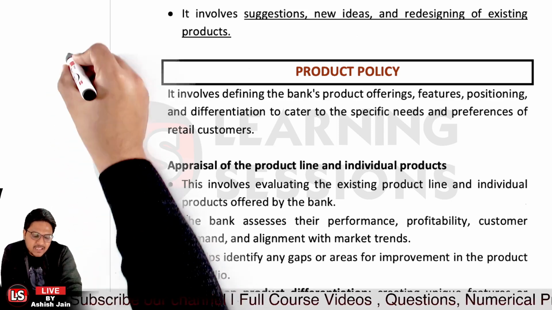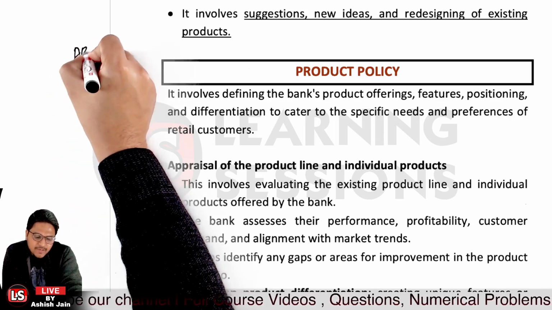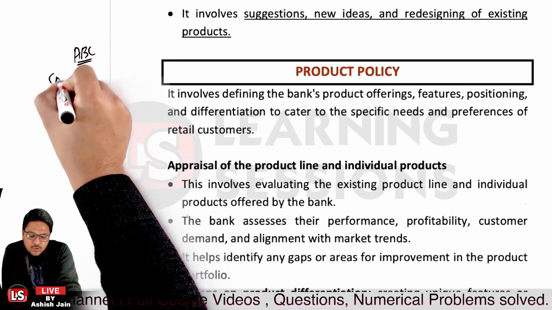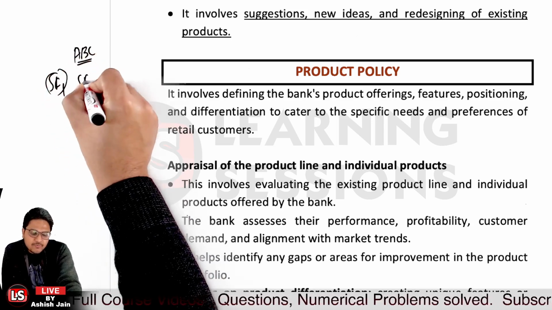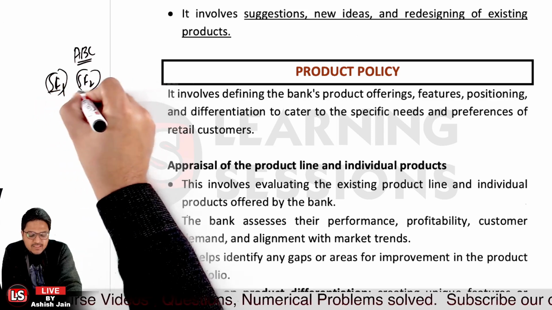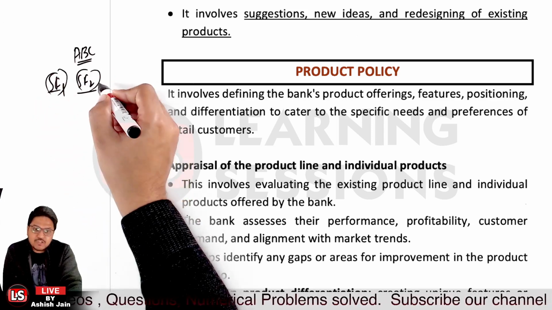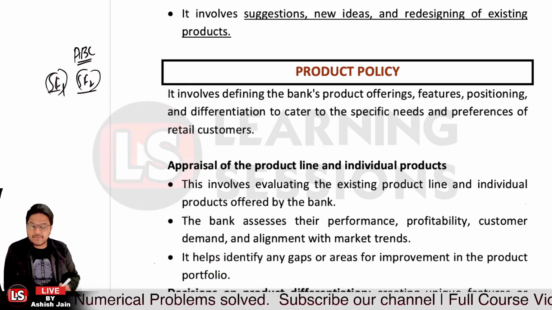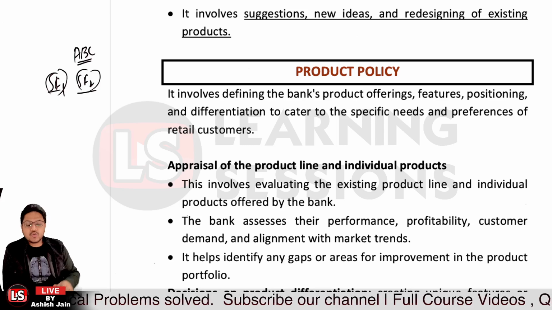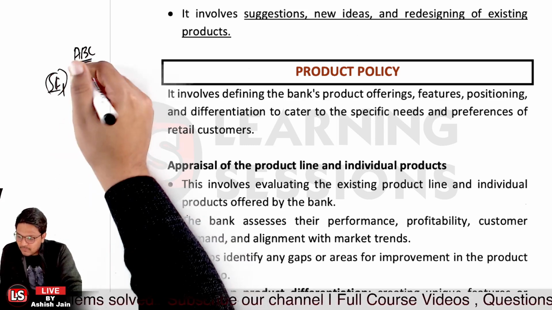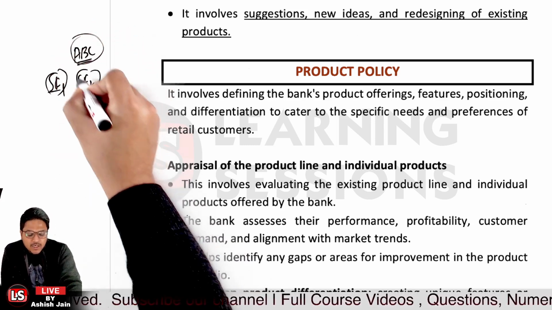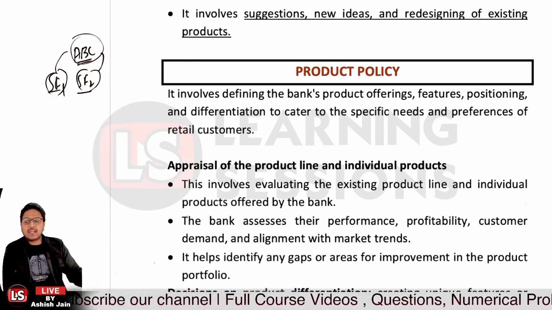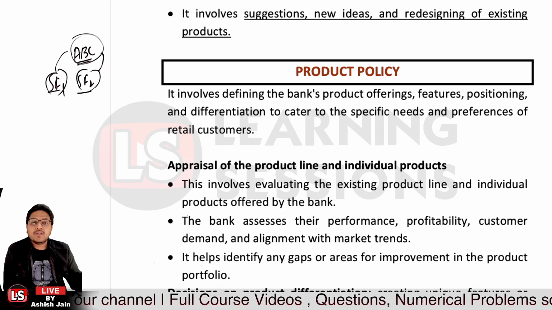If bank ABC is offering savings fund accounts of two types, SF1 and SF2, what is the positioning of SF1? What is the positioning of SF2? What differentiates these two? And based on the different preferences of customers, what is the bank's policy for these products? That is defined under the product policy.